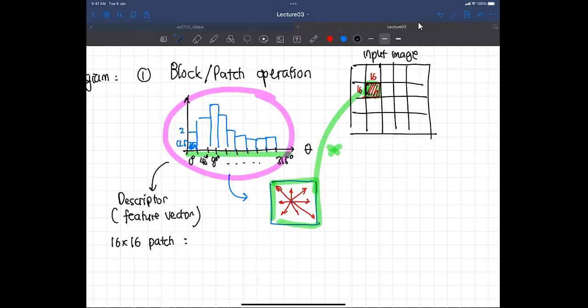The number will be 8, because these 8 numbers refer to 8 bins. So this value here, the value 2 or whatever the number there, is basically a number in your descriptors. Any questions here?